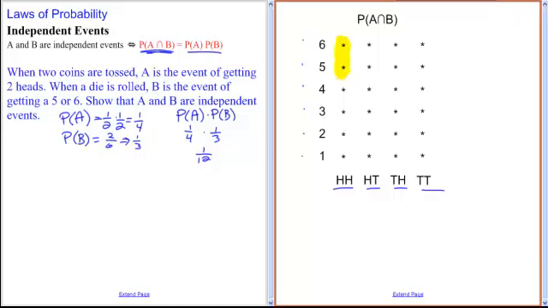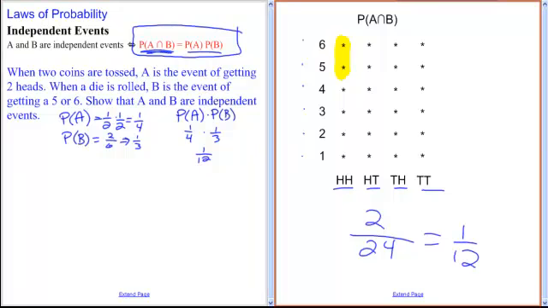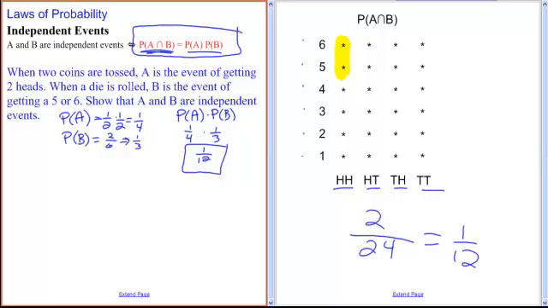That only happens right here, which means that's 2 occurrences out of 1, 2, 3, 4 times 1, 2, 3, 4, 5, 6 out of 24, which is 1/12. So because this is a true statement, the intersection is 1/12, and when I multiply the 2 individual probabilities together it is 1/12. Therefore, these are independent events.